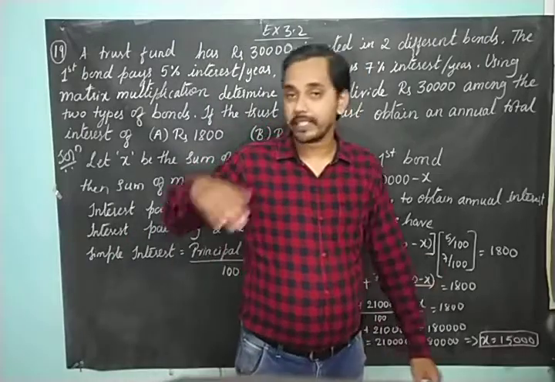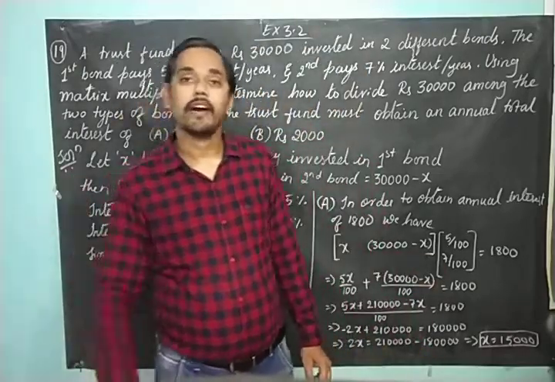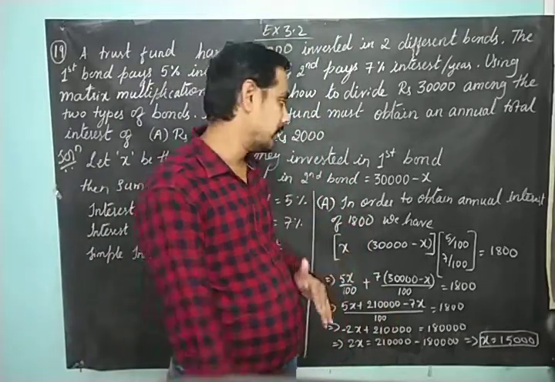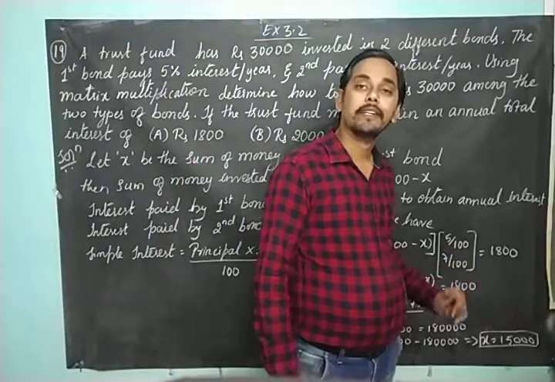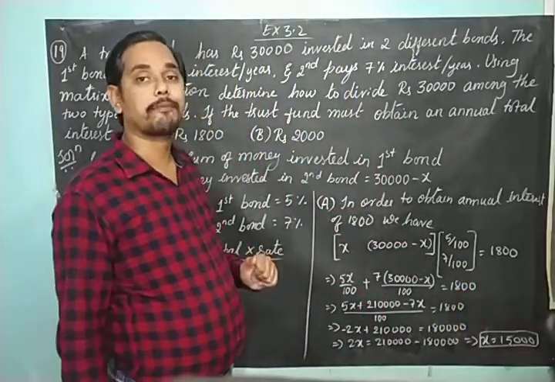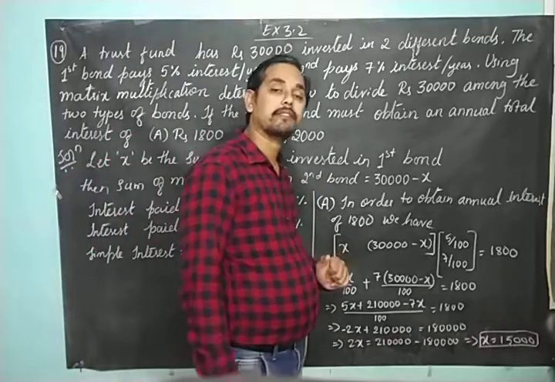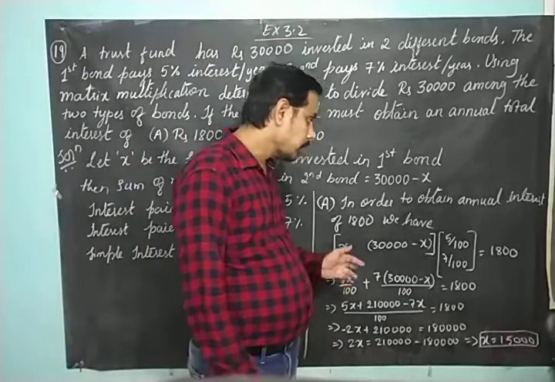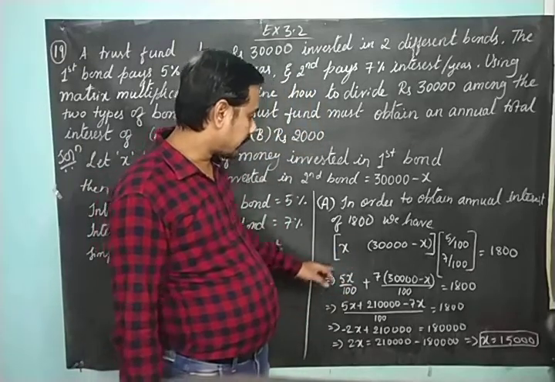If it is 7%, then the actual value will be 7 by 100. Whenever we speak about percent, it is always divided by 100. So the second matrix represents the percentage and the first matrix represents the amount invested, right?